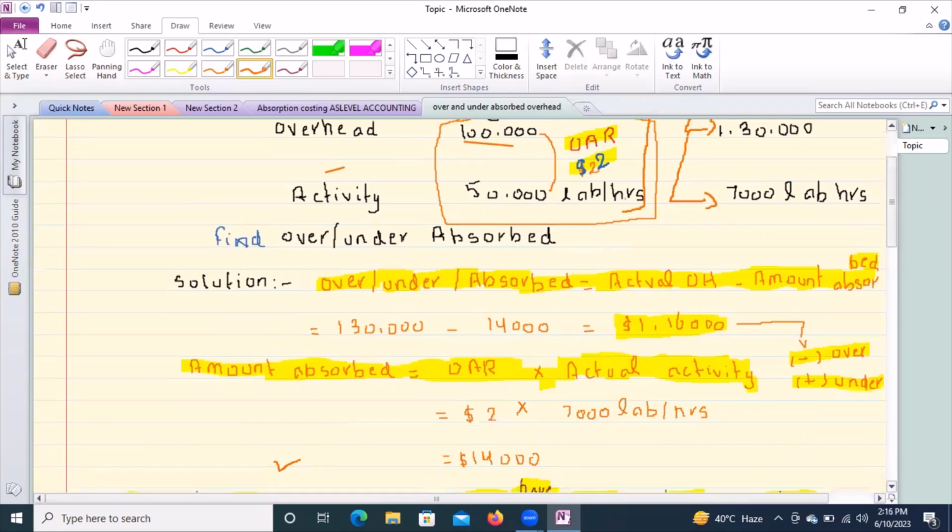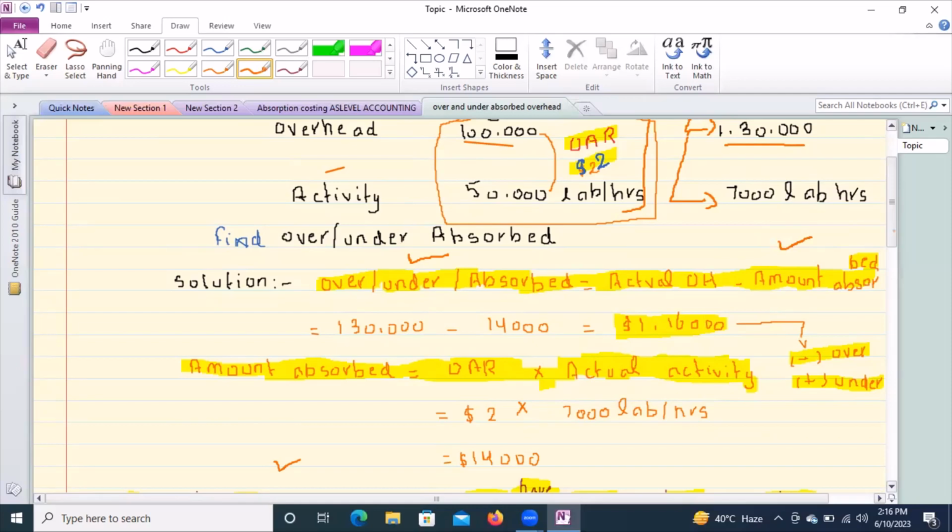So what you can do is use this formula: over or under absorbed is equal to actual overheads minus amount absorbed. We know that our actual overhead is basically 1,30,000. But you have to find the amount absorbed.